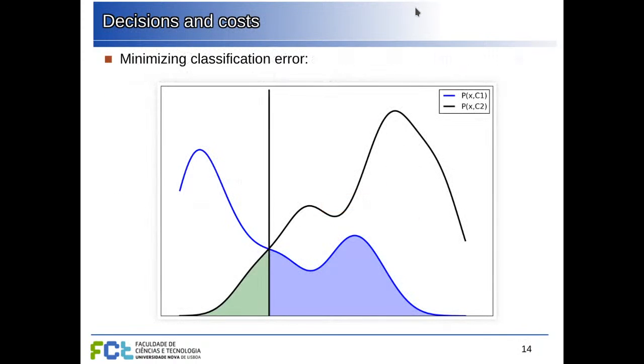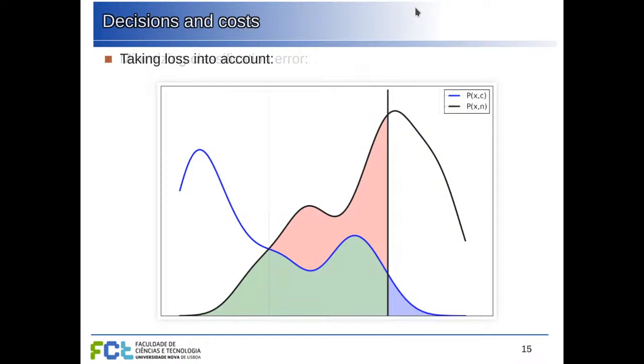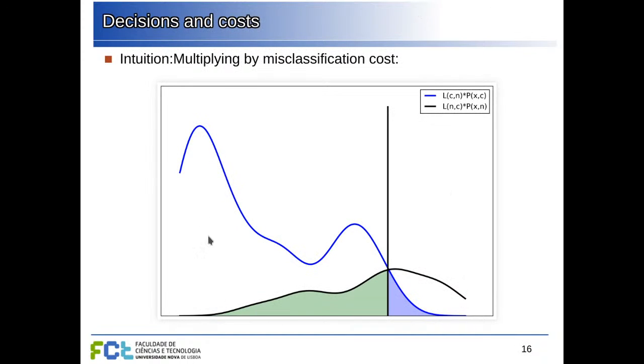So if we do this, this would be minimizing the classification error, but this does not minimize the cost of the mistakes. If we take the loss into account, we go into this different region, which we can see if we multiply the probabilities by the cost. The cost below this threshold would be smaller. That is the cost multiplied by the probabilities of mistakes for these classes, and after this threshold.